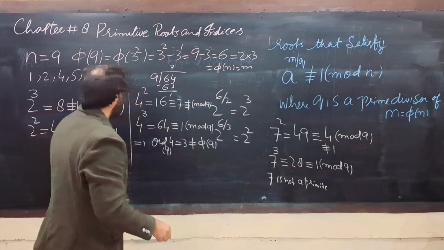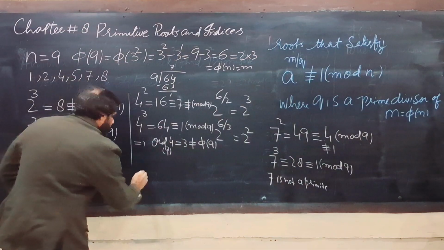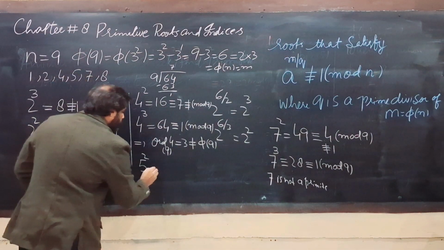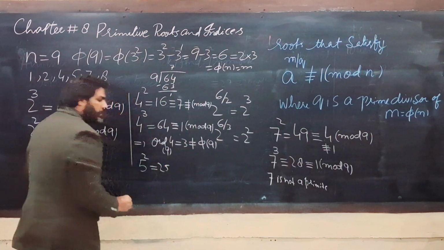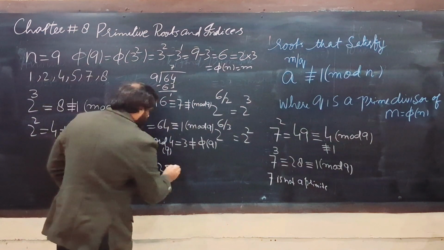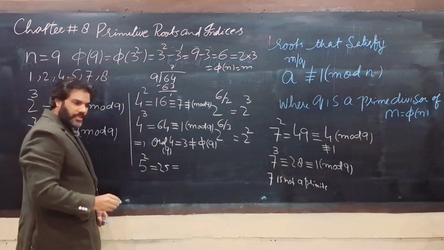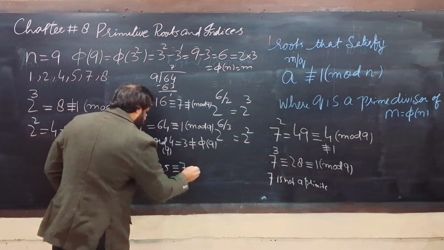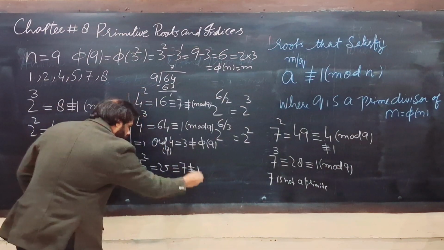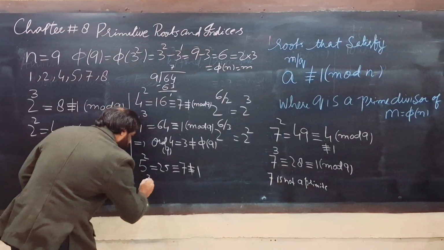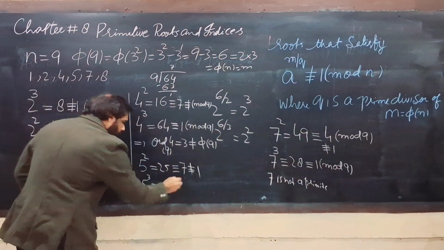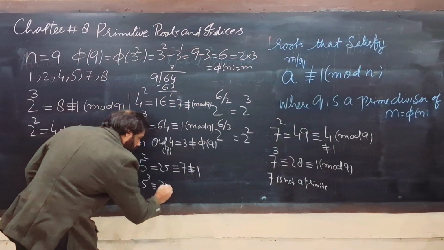If you check 5 raised to power 2, this is 25. When you divide 25 by 9, 9 twos are 18, the remainder is 7, not congruent to 1. For 5 cube, multiply both sides by 5, this becomes 35.